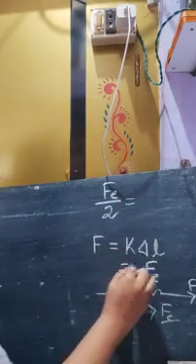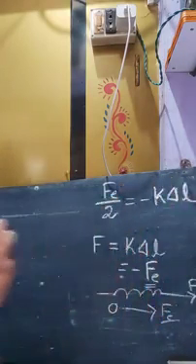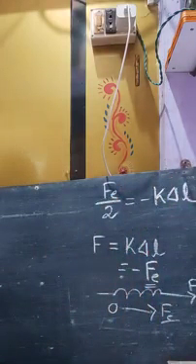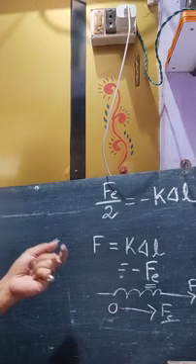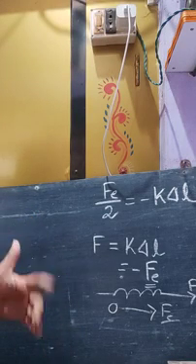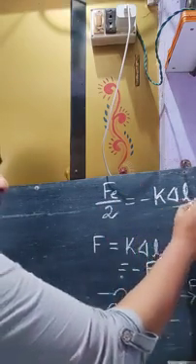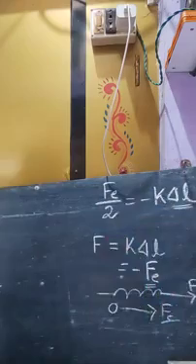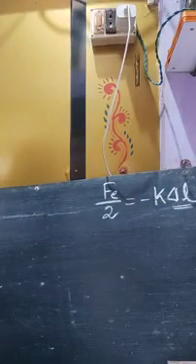It is nothing but your minus K of del L. Right? So at the point where we are applying the force, the displacement becomes del L, then what will be the work done?